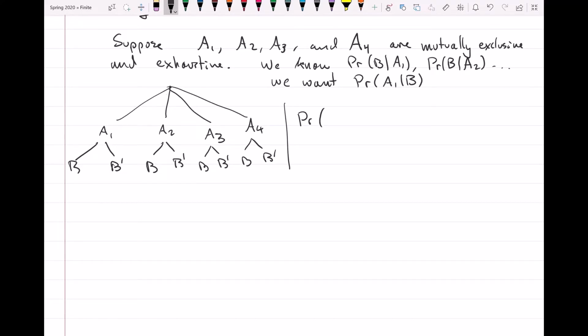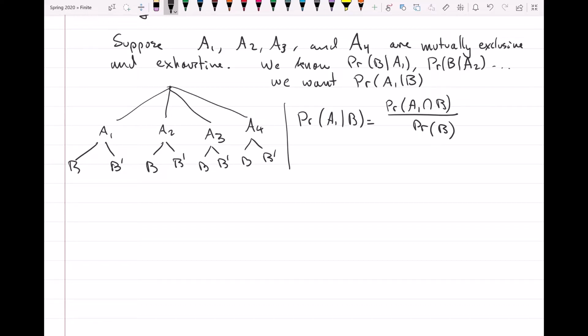Well, we want the probability of A1 given B. This is the probability of A1 and B divided by the probability of B. Okay, so now we break the numerator and the denominator down into the probabilities we have.